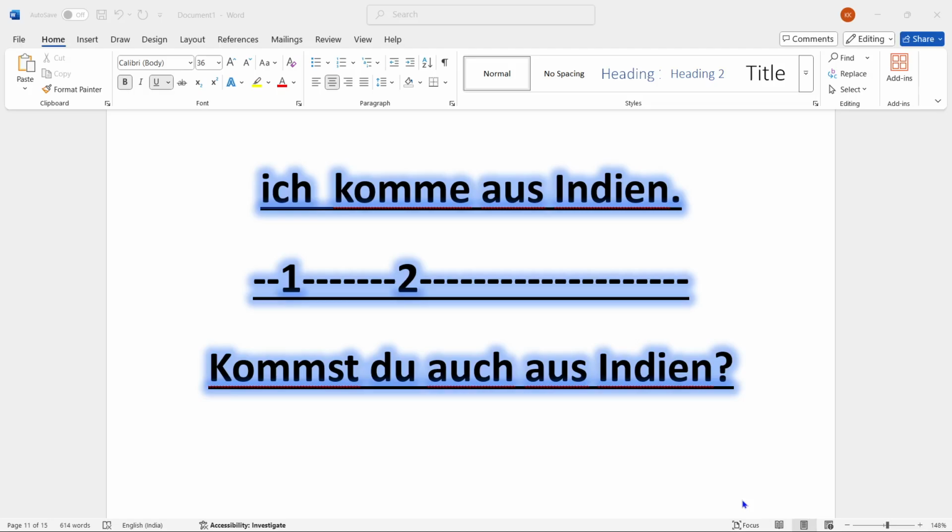Are you also coming from India? Make sure that if we are asking a ja, nein Frage, or we can say a yes or no question, then we need to put the verb at the first position. So here I put the verb at the first position. So it means it's a ja, nein Frage. We can answer this question.